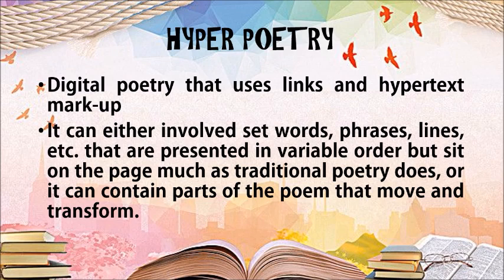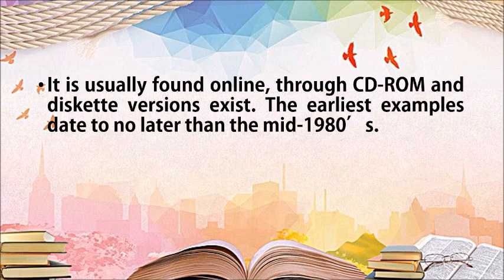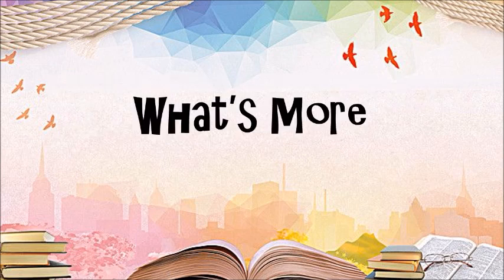From the word itself, hypertext. When you say hyperpoetry, these are poetries that have different links in order for the reader to understand the poetry well. So it is usually found online, though CD-ROM and diskette versions exist. The earliest examples date to no later than the mid-1980s. So what's more?